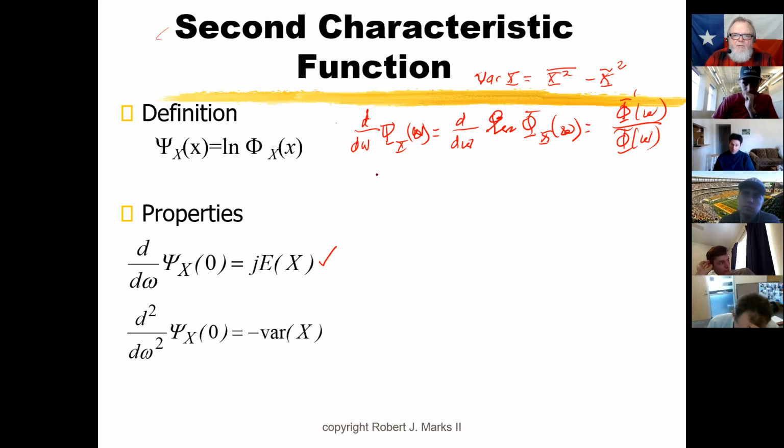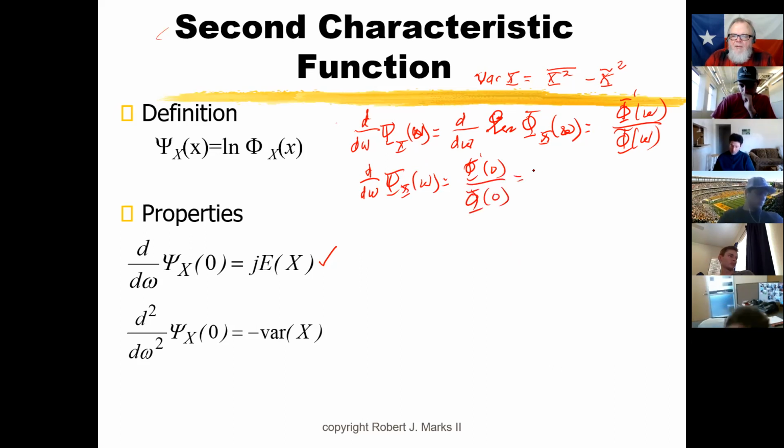Now, what happens if you evaluate this at the origin? Well, you get phi prime of 0 divided by phi of 0. And we said that phi prime of 0 was j times the expected value of x. You remember that first derivative?